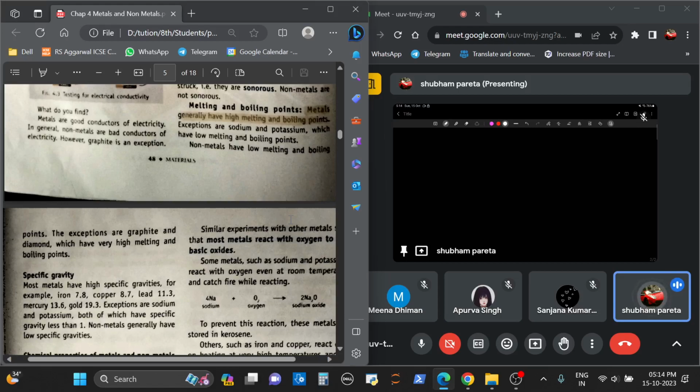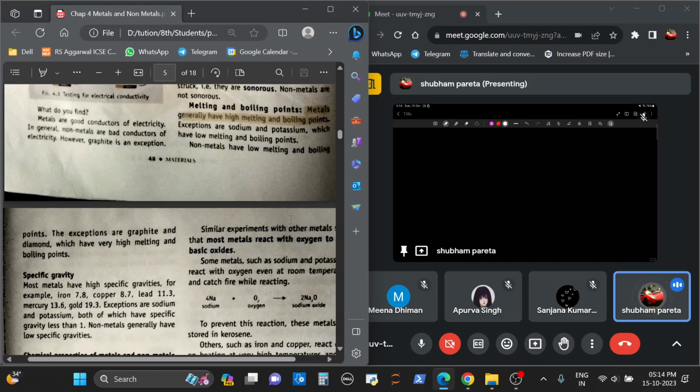But that is on the basis of solidity. Here we are talking in terms of metals and non-metals. Especially in the case of metals, we have a very high melting point. If we have a very high melting and boiling point, that means we have a metal to metal bond which is very strong.